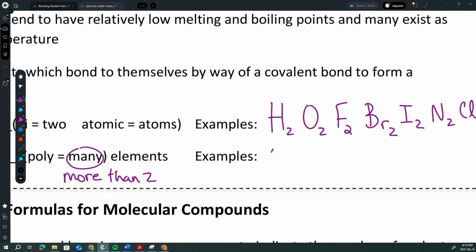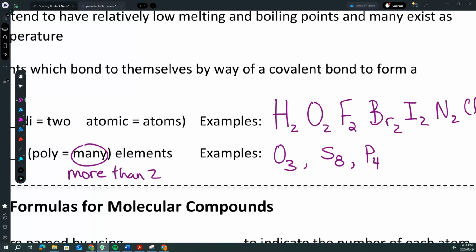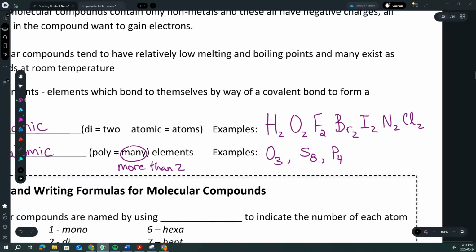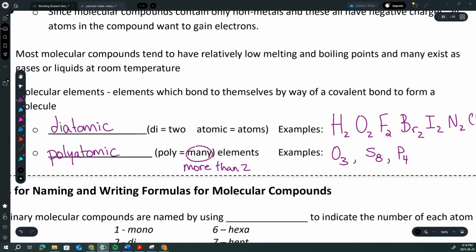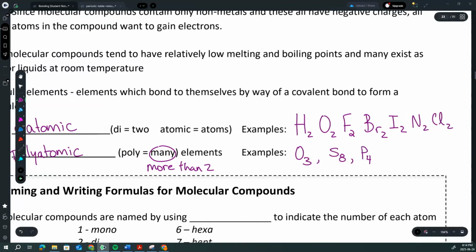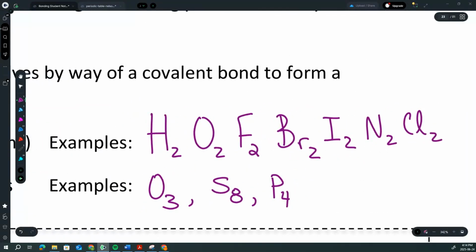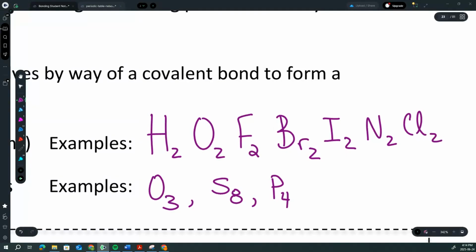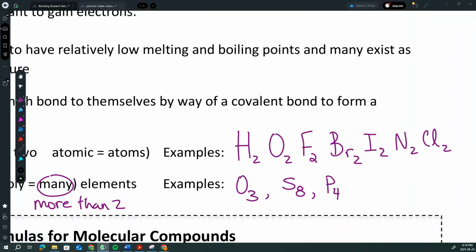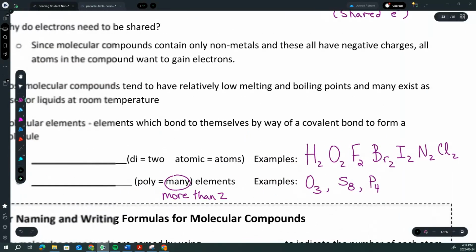Ozone is an example, along with elemental sulfur and elemental phosphorus. Those are your three polyatomic elements. Again, polyatomic and diatomic elements only exist like this when they are by themselves and not in a compound. That's going to be very crucial when we are creating molecular compounds.